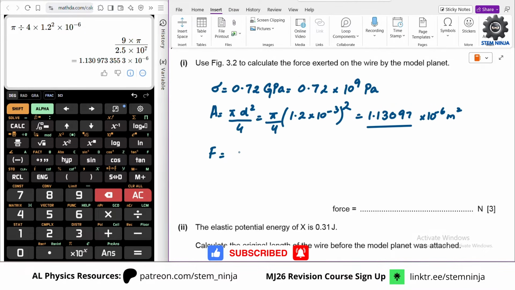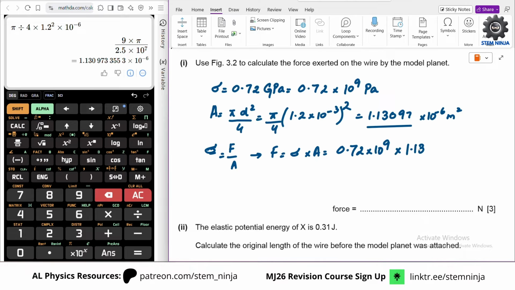We need the force. We know stress is force over area, so therefore force would be stress times area: 0.72 times 10 raised to the power 9 times 1.13097 times 10 raised to the power minus 6.